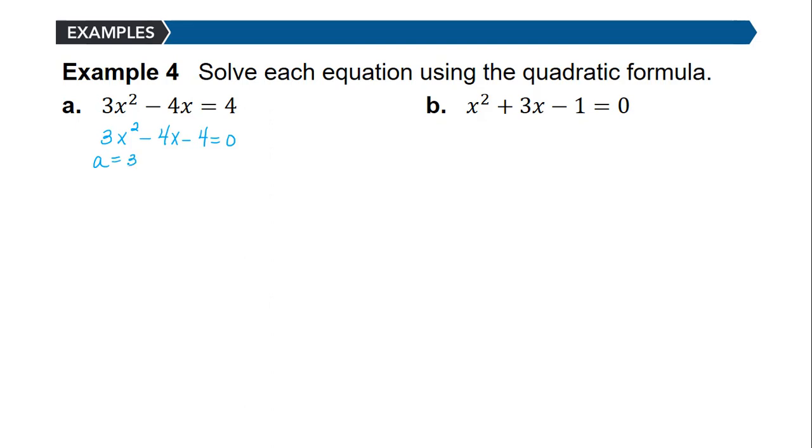A is 3, B is negative 4, and C is also negative 4. So the quadratic formula states then that x is equal to the opposite of b plus or minus the square root of b squared minus 4ac, all divided by 2a.